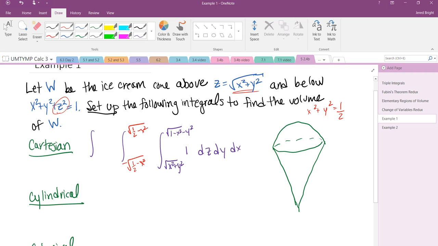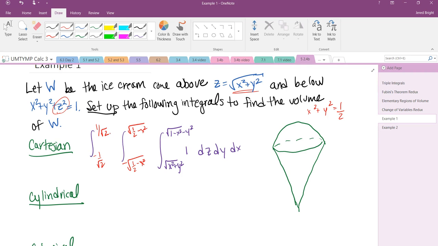Okay, and then, certainly in this scenario, if y was 0, x would have to extend from minus 1 over root 2 to positive 1 over root 2. Okay, so that's one order for the Cartesian representation here.